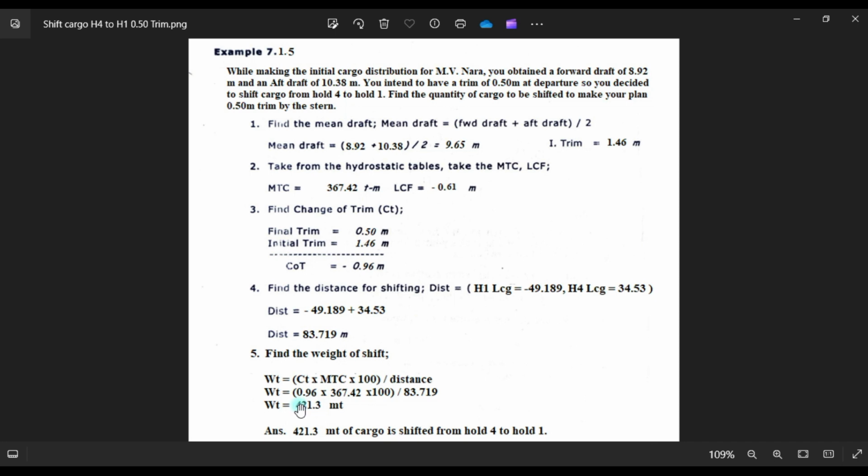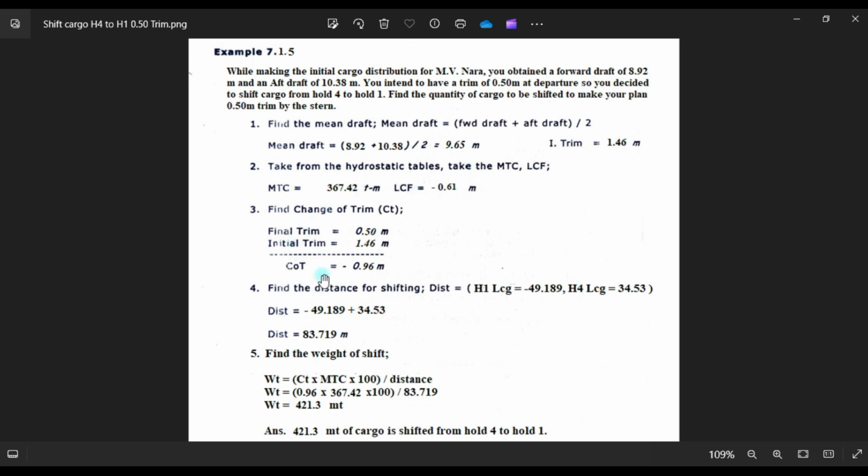So this will be the weight required to shift from hold number 4 to number 1. So the answer, 421.3 metric tons of cargo is shifted from hold number 4 to number 1. So this is the manual solution.